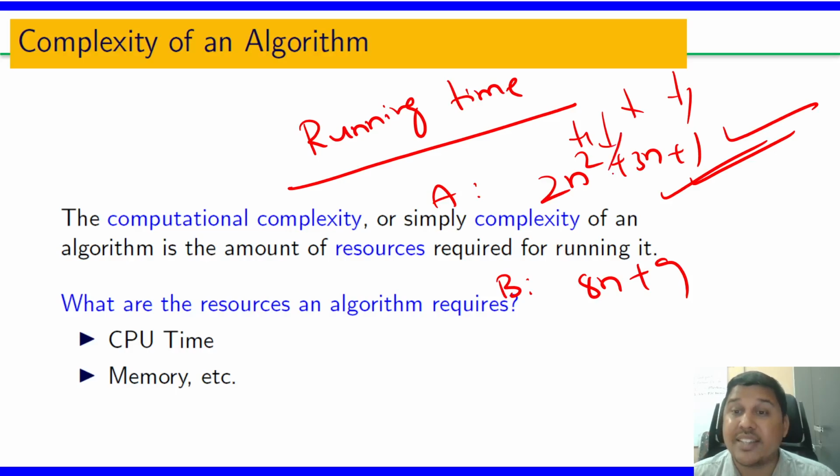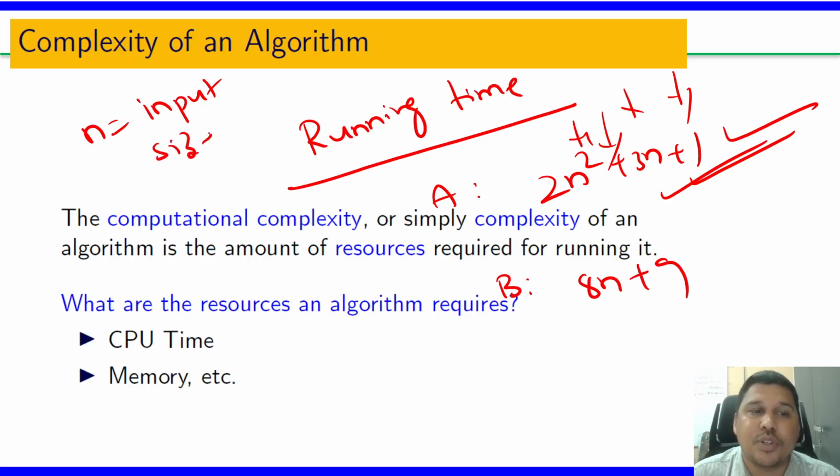So what is n? The n value is input size. When I'm giving 1 input, A is better. When I'm giving 2 inputs, A is better.